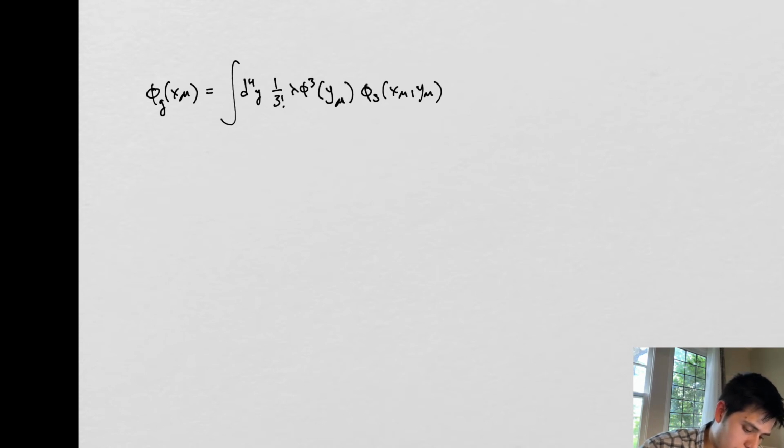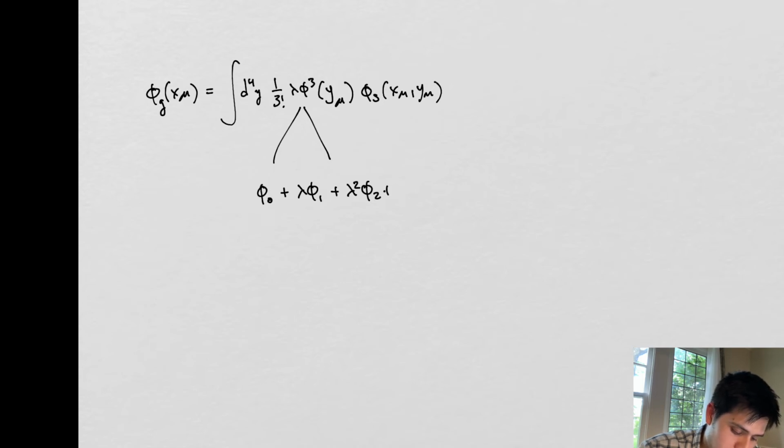So let's blow this thing up here. It's this guy right here. That's going to be phi 0 plus lambda phi 1 plus lambda squared phi 2, and so forth, times phi s. And we have our 1/3 lambda and our d4y like this.